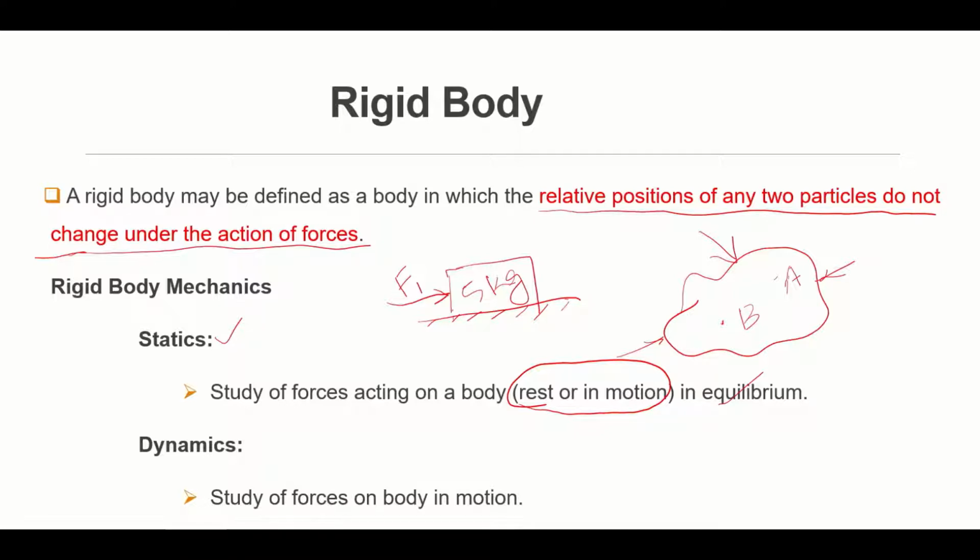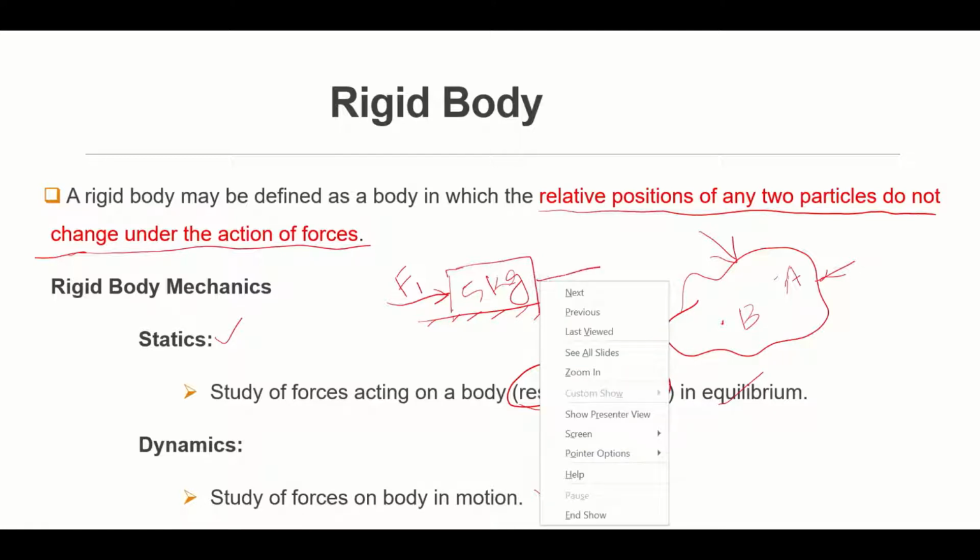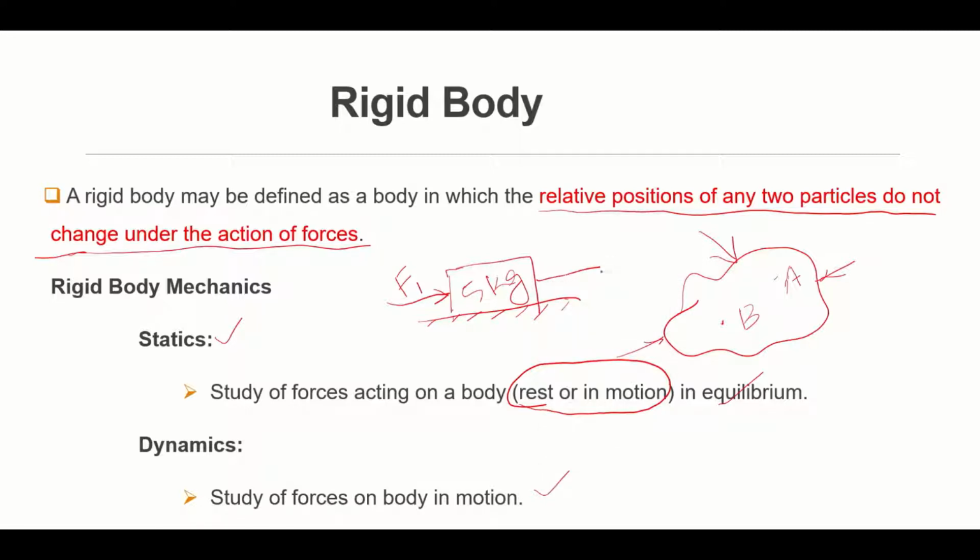And if the body keeps on moving, it will go to dynamics because the body is not in equilibrium. But if I exert another force F2 of equal magnitude but opposite sign, what happens? This 5 kg body will not move. Again, that will be a statics problem.